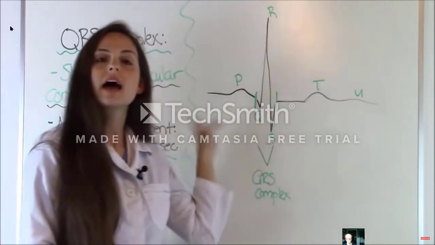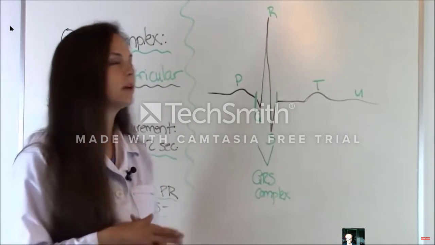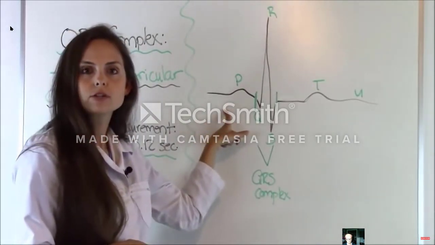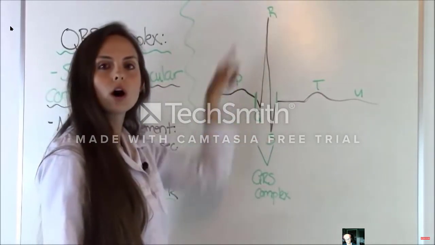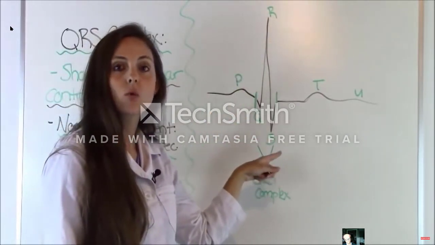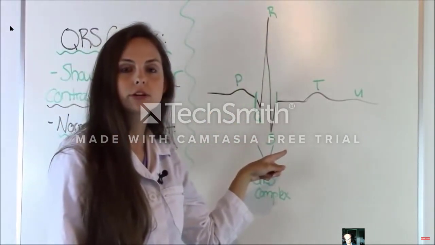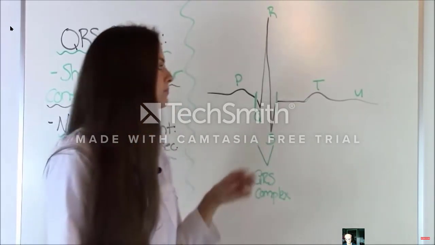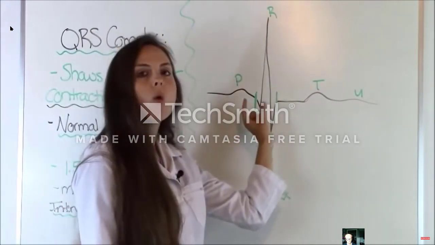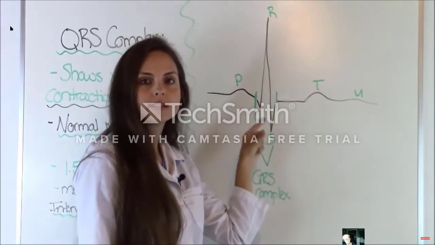Here is one that I've drawn that is blown up so you can see it easier. You have your P wave, which represents atrial contraction. Then you have your QRS complex. This is what we're looking at today. This is our ventricular depolarization. Depolarization is just a fancy word for contraction. And we're measuring how wide or how narrow this is.